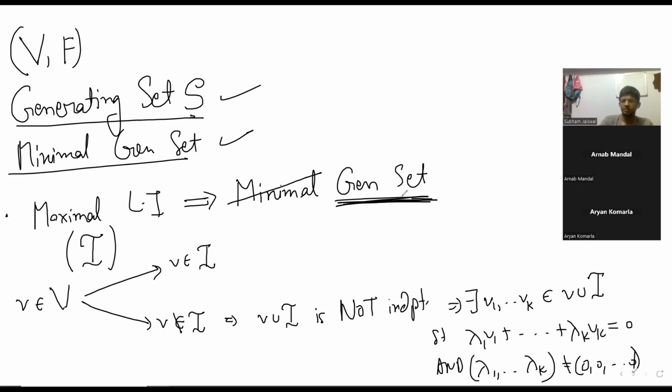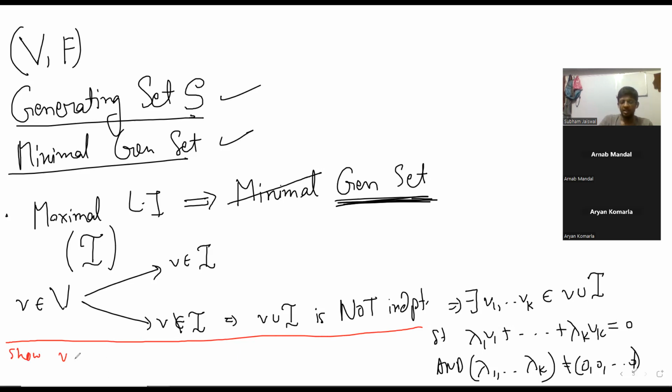We can just rearrange the equation to get V, right? First, you have to show that V is one of the vi's. If that were not the case, then it would be linearly independent, because we are adding V, and that's why we're getting the dependence.